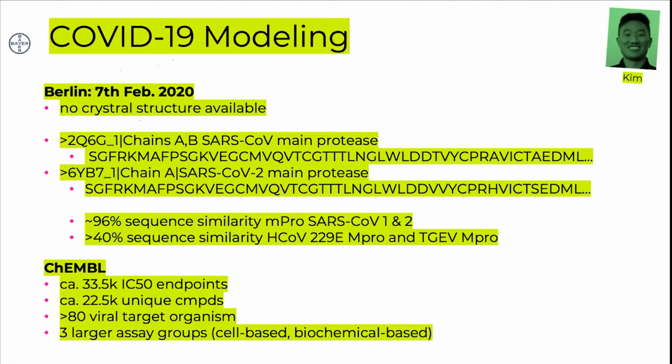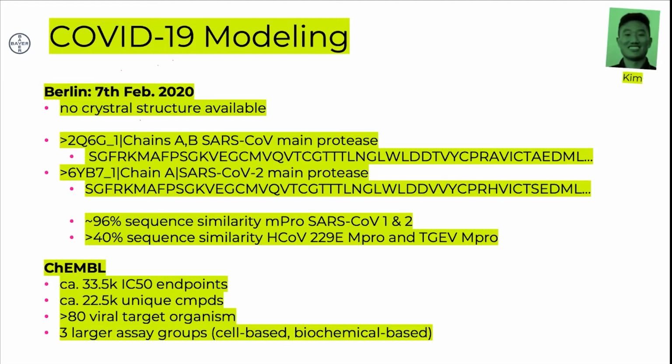We realized very early that the sequence similarity between the main proteases of SARS-CoV-1 and 2 is very high, roughly 96% sequence similarity. That was our working hypothesis: if a compound binds to SARS-CoV-1, it might have a high chance of also binding to SARS-CoV-2. Additionally, we know that there is a lot of sequence similarity between human coronaviruses and also other viruses.